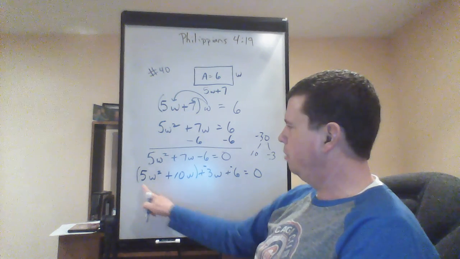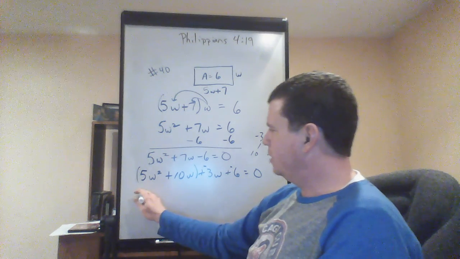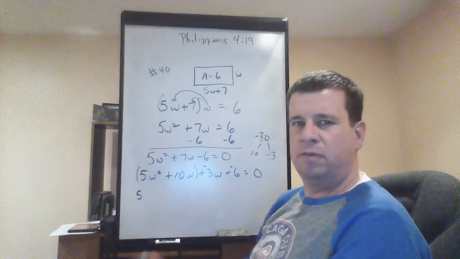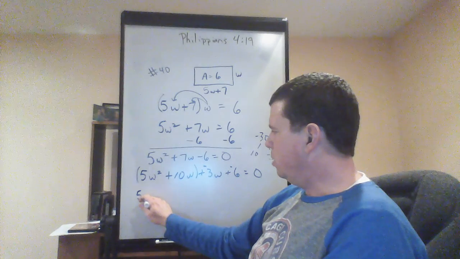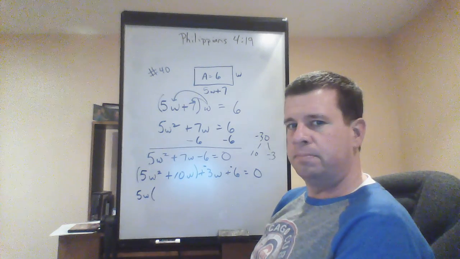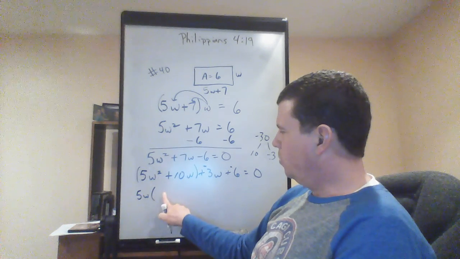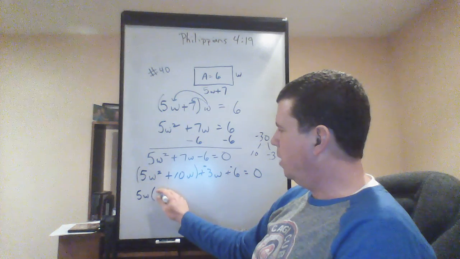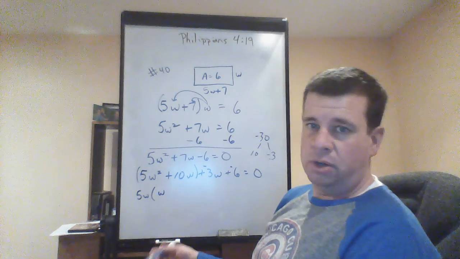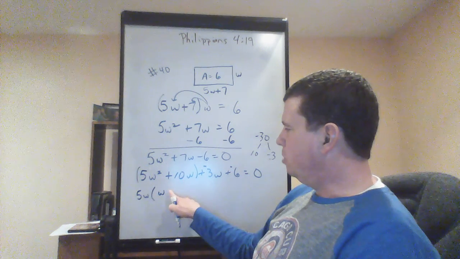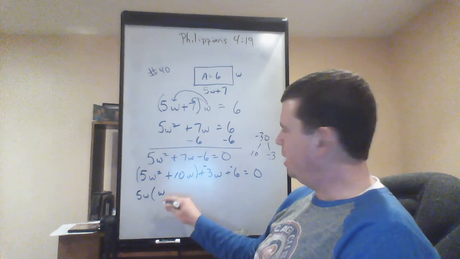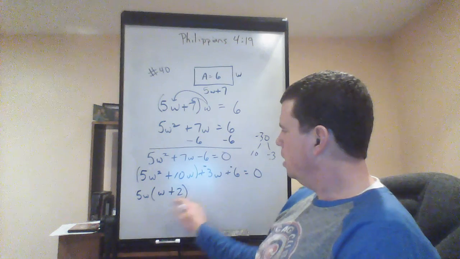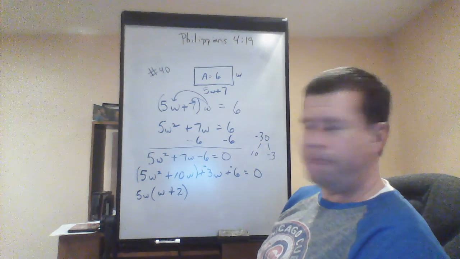I look at what common term I can factor out there. So first of all, 5 and 10, I can factor out a 5, and then W squared and W, I can factor out a W. And then 5W times what gives me 5W squared? That's W, or you could write 1W. And 5W times what would give me 10W? That'd have to be plus 2.